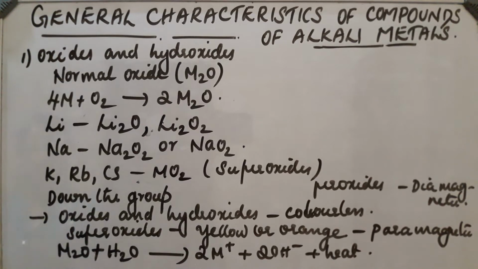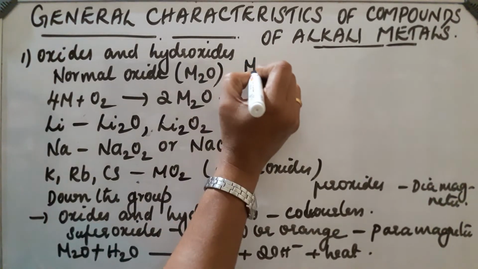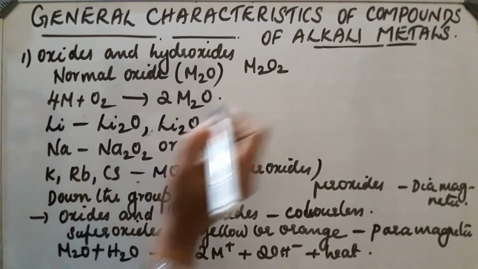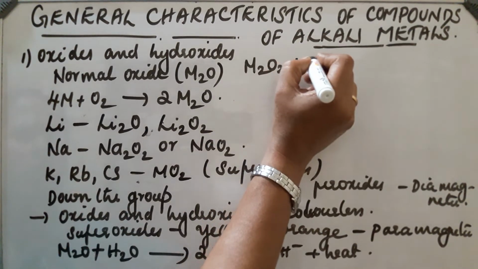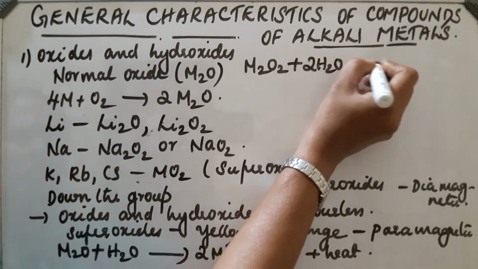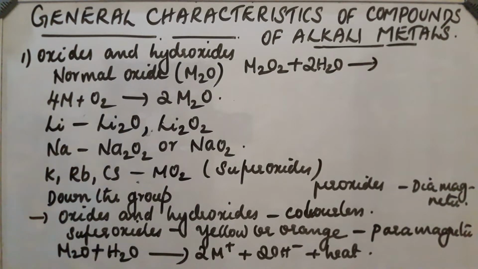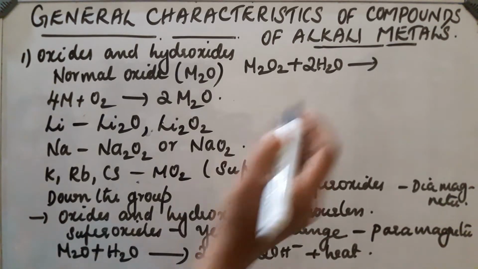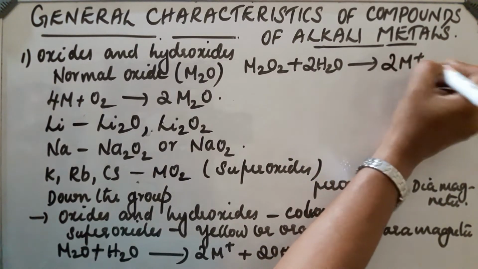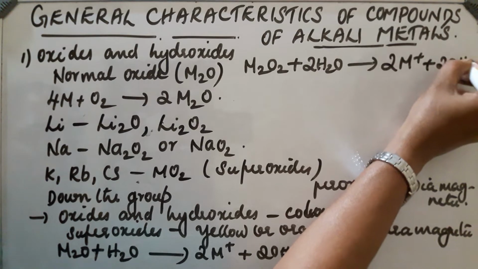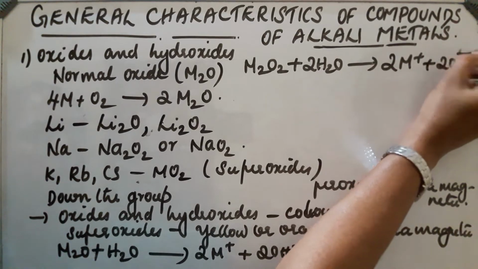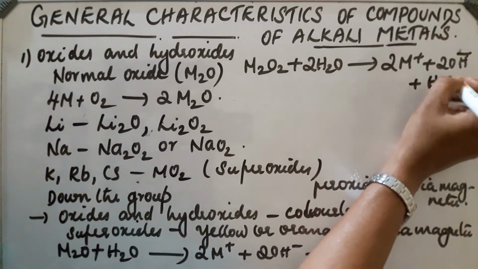In the case of M2O2, the peroxide, with water they form M plus ion and hydroxide, and H2O2 is liberated. That is 2M plus 2OH minus, and H2O2.